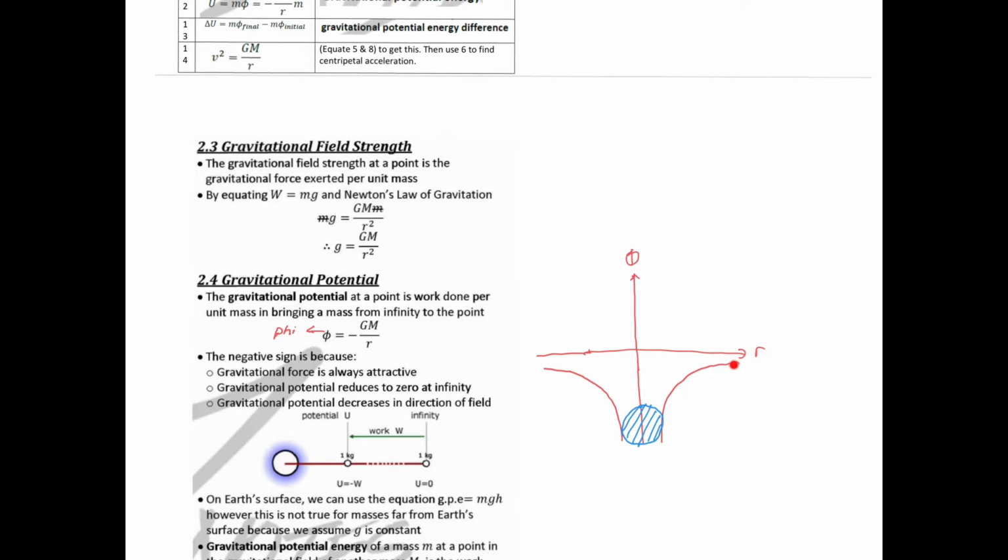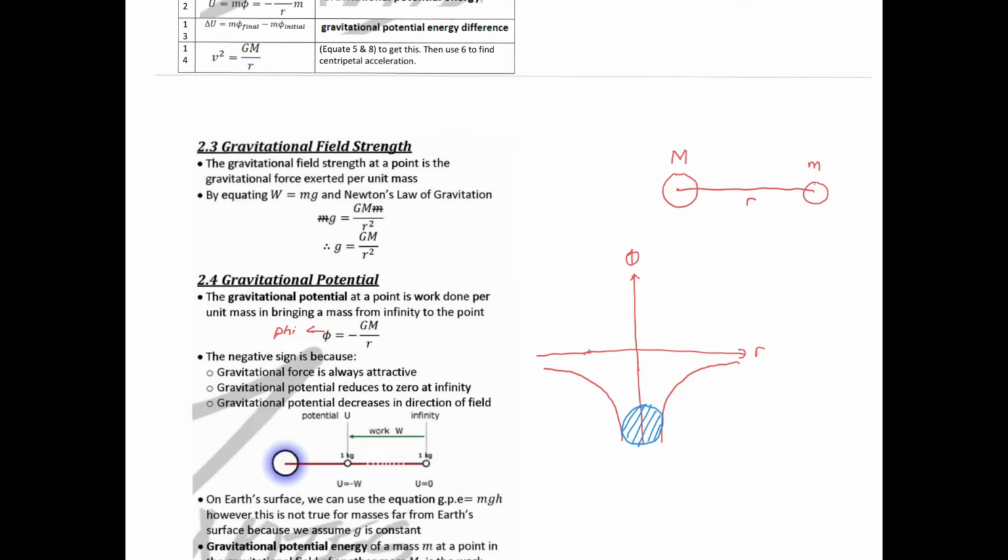Let me draw it so you can imagine. This is an object with mass capital M, and this is an object with mass small m. The r is the distance from the center of mass of one object to the center of mass of the other object.